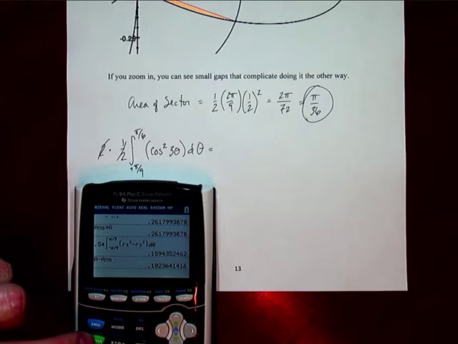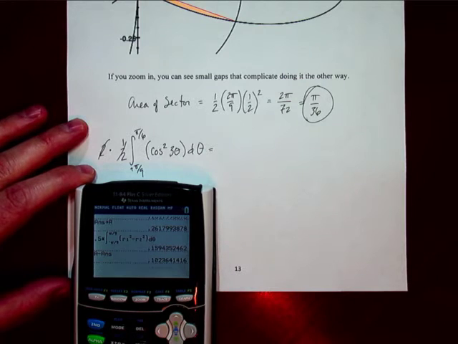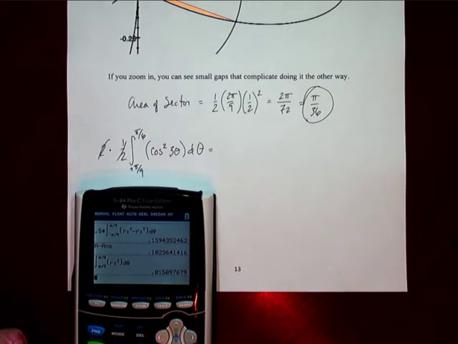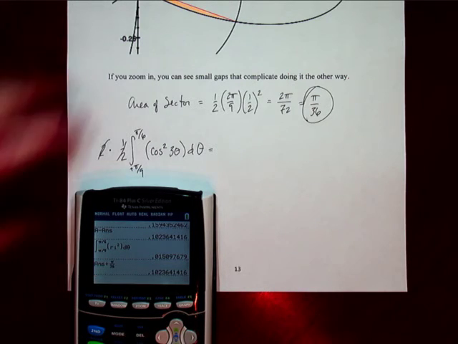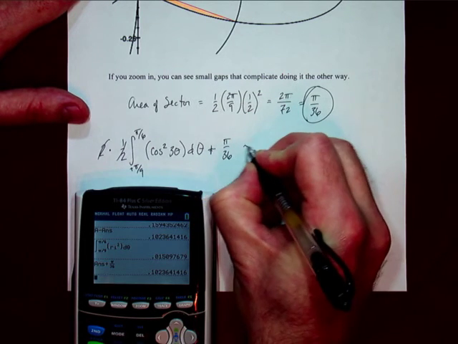So we come back here, and since we've canceled the 2 and the 1/2 out, let's just go for the integral from pi over 9 to pi over 6 of R1 squared d theta. So when I add that to pi over 36, I should get exactly the same thing, and I do.